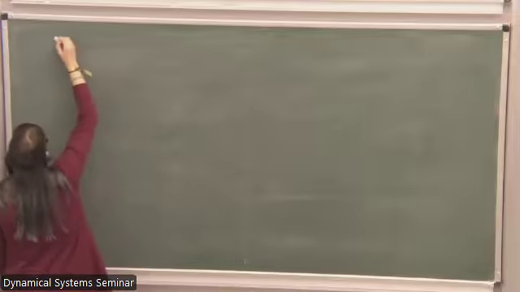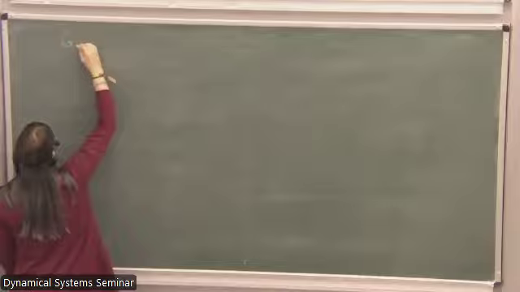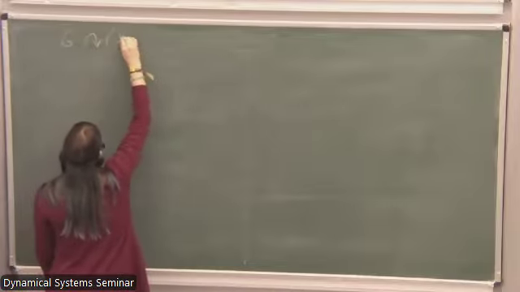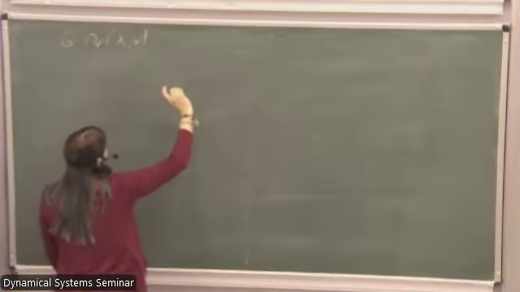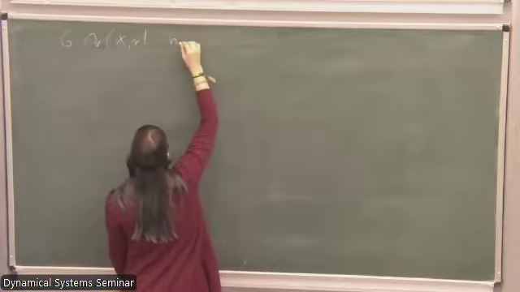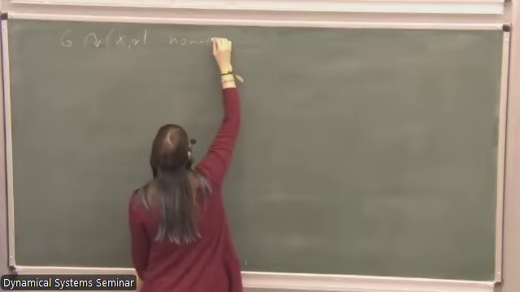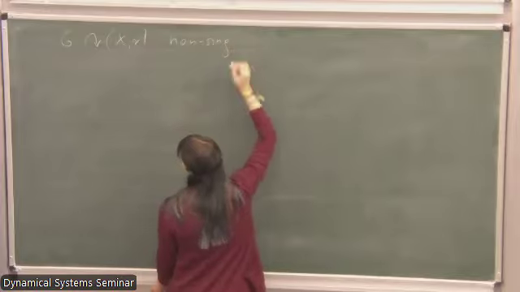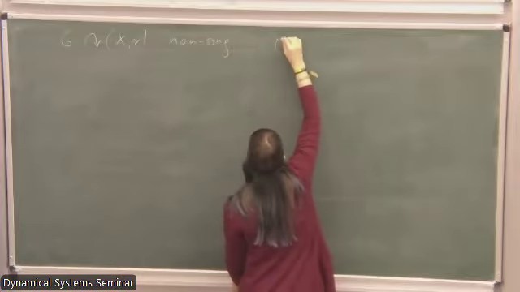So first of all, what was the setup? We had G acting on some nice space, and just for the definition of entropy, we only needed it to be non-singular. And we had a nice probability measure on the group.